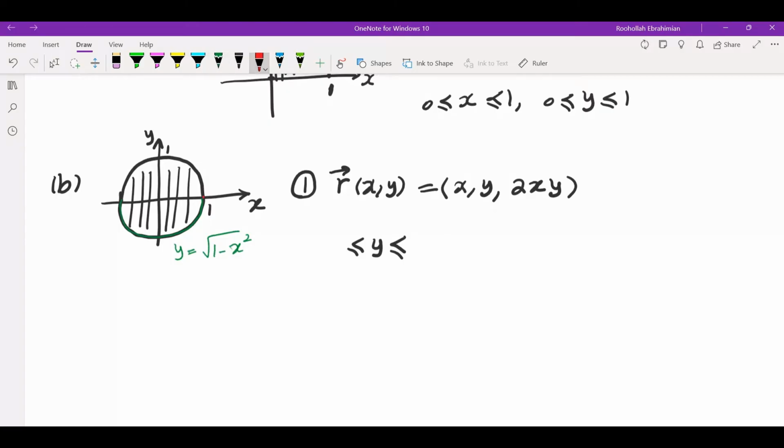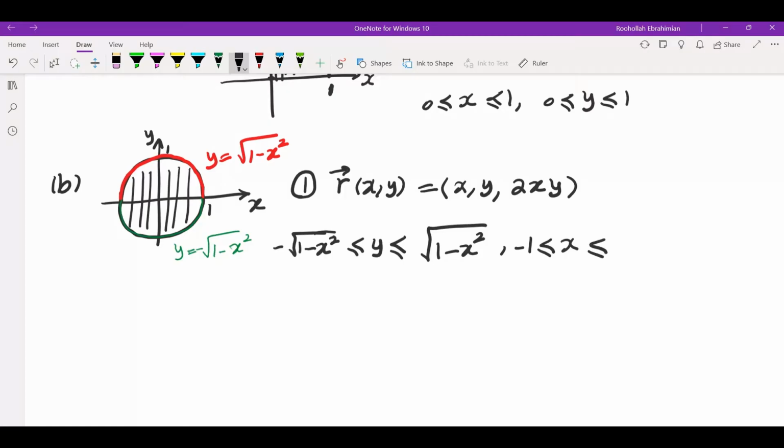And then the top is y equals root of 1 minus x squared. The bottom has to have a negative sign. So the limits of y are negative square root of 1 minus x squared and positive square root of 1 minus x squared. And then the limits of x are from negative 1 to 1.